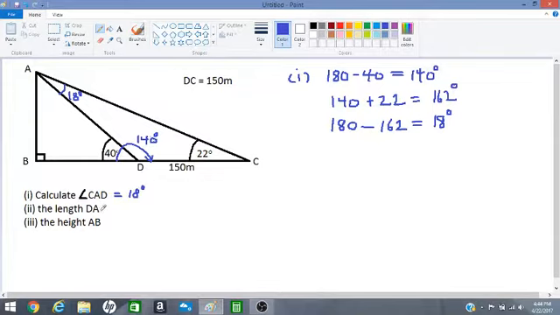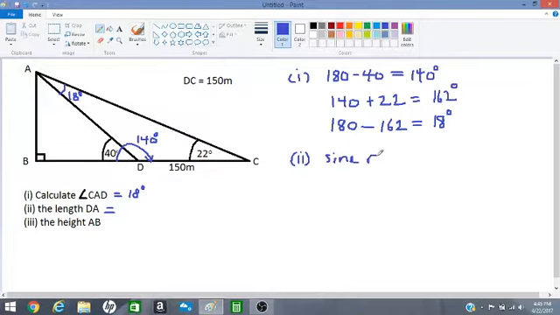18 degrees. Now they want us to find the length DA. So let's see what we can do here. Once again, we are focusing on this triangle in blue, and we see that we can use the sine rule.